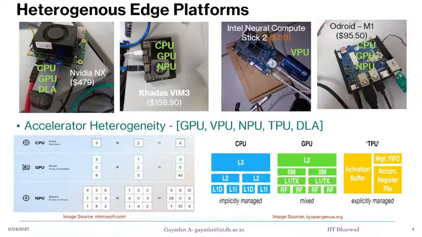So the common theme of today's talk will be how you do different implementations or different optimizations or different ways of orchestrating the application such that you improve some important metric like throughput or energy and so on.